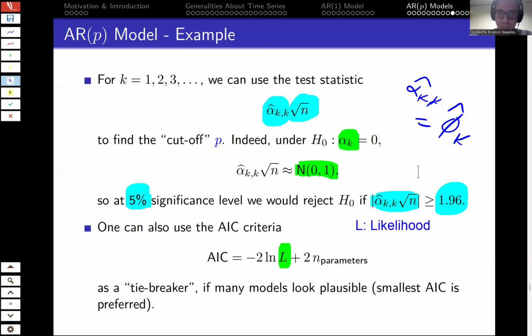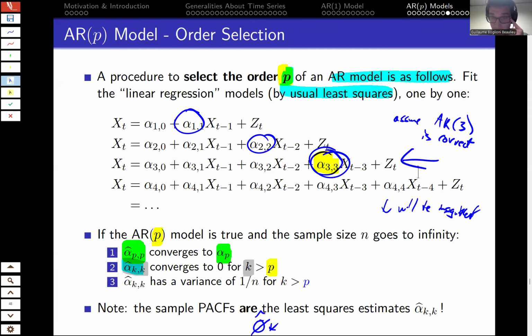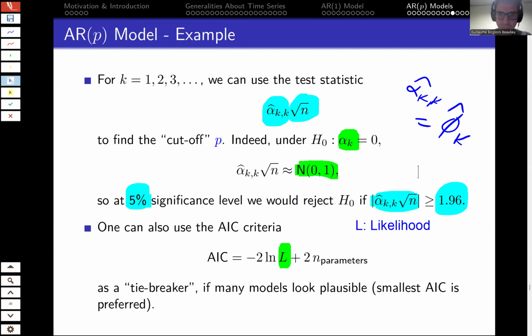It's not especially hard, but it does take a bit of work because you need to make some assumption about what the noise is distributed as. Usually you assume it's a normal noise. And then the problem is that your observations are not independent, so you need to do some work to find the likelihood under the specific dependence structure of your time series. So we're not doing this in this unit. The R package or the R fitting will give you the likelihood. You could have to use it in tutorial problems, even in the exam, but R will give it to you. R will give you this precious likelihood.